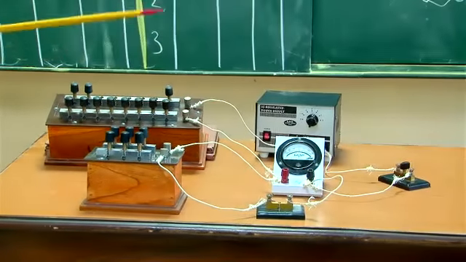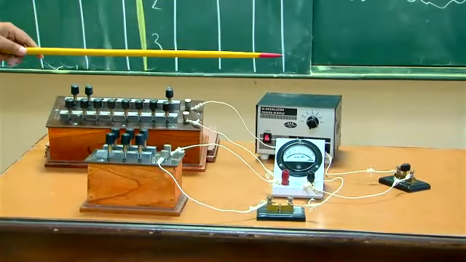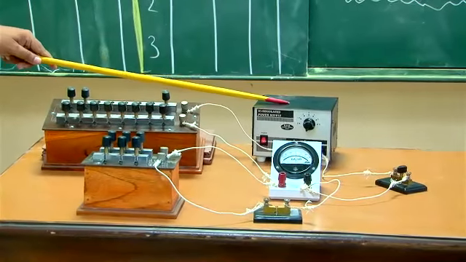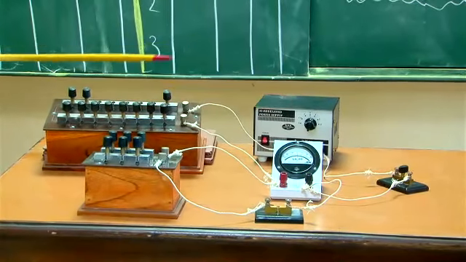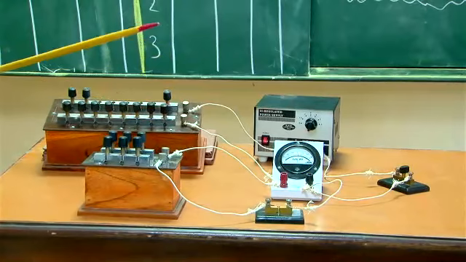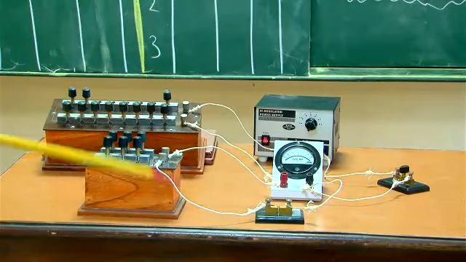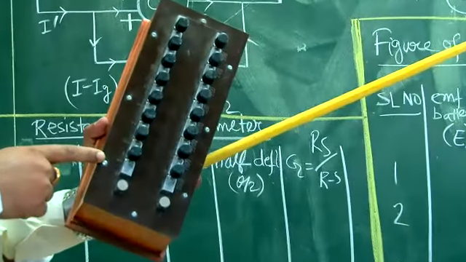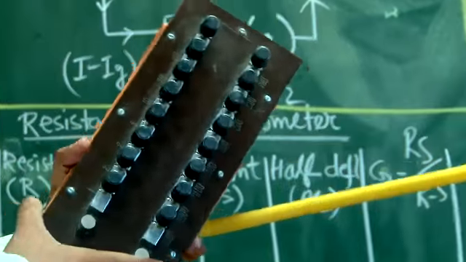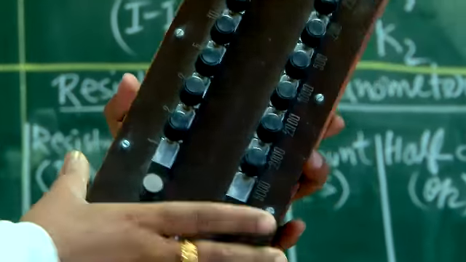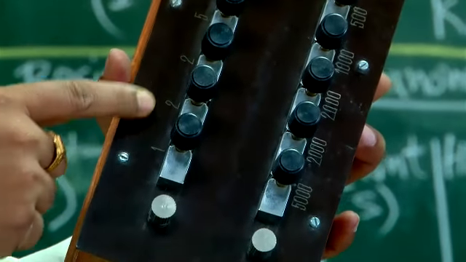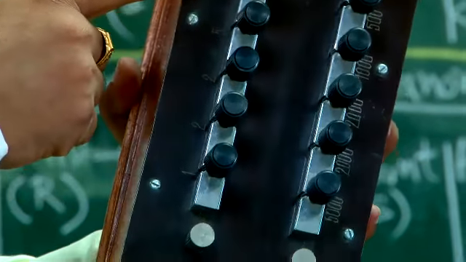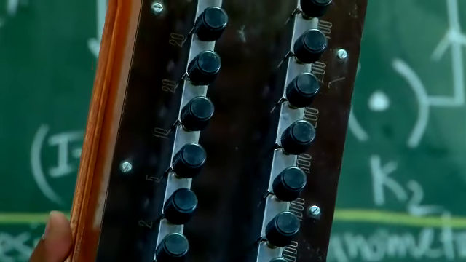Let me show you the circuit elements one by one. This is the DC regulated power supply. This is a high resistance box. I've shown you, another sample is kept over here. You can see the values, starting from 1 ohm, 2 ohm, 2 ohm, 5 ohm, 10, 20, 20, 50.